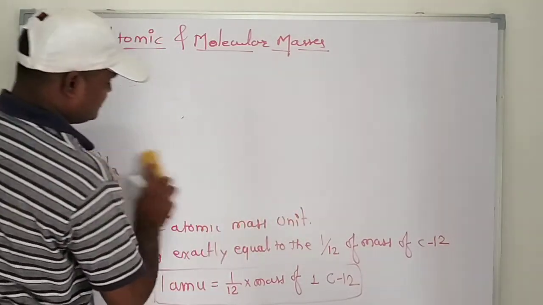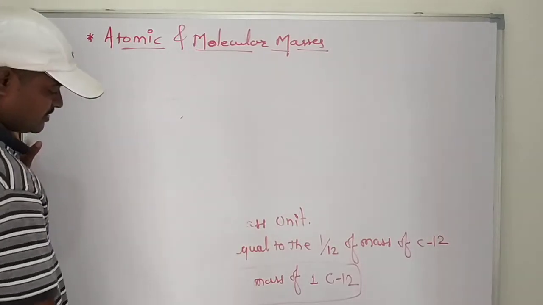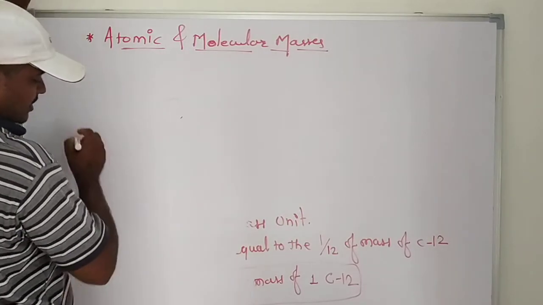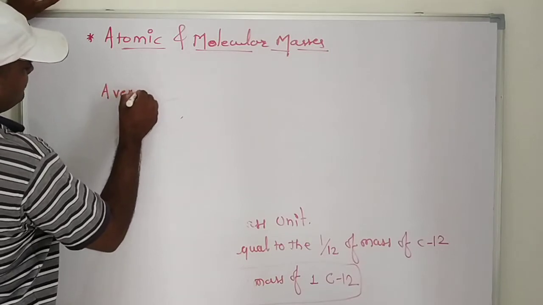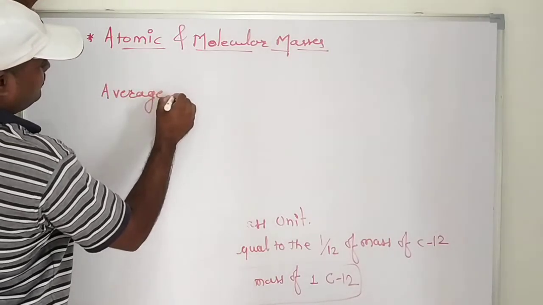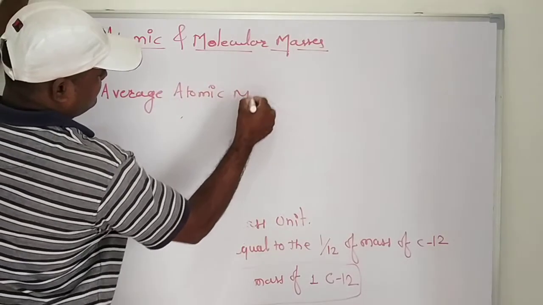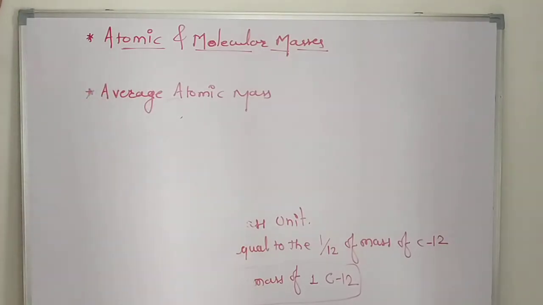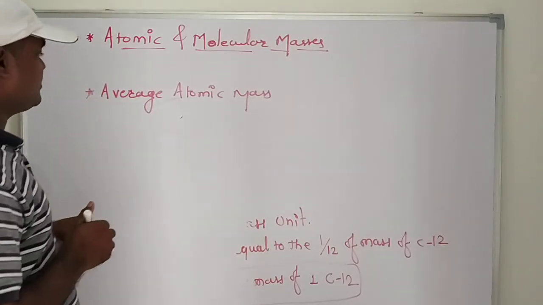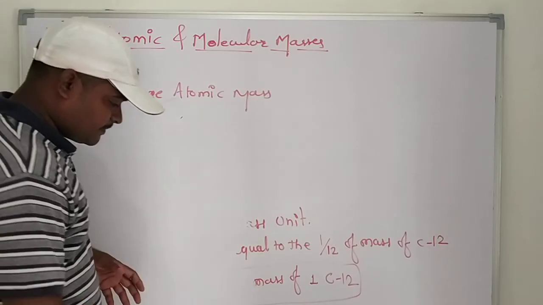So students, our next point that we are going to learn is the average atomic mass. Students, in our previous point we have seen atomic and molecular masses. Like that we can see the average atomic mass.